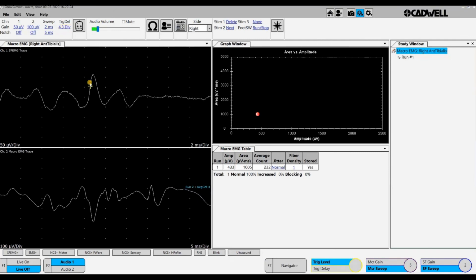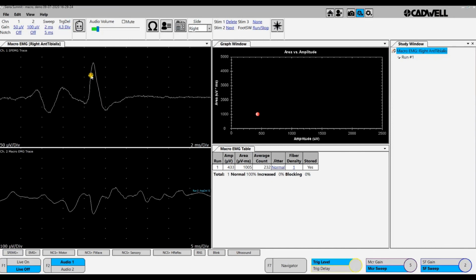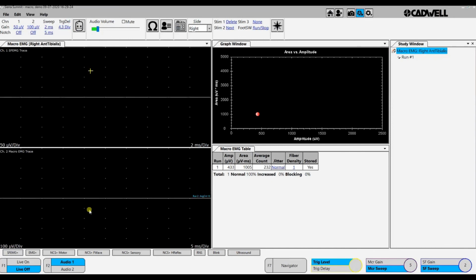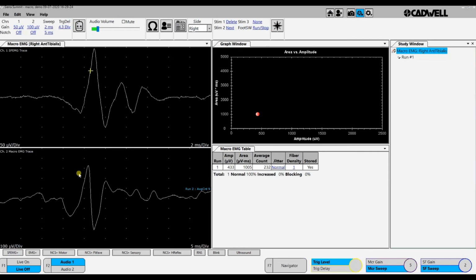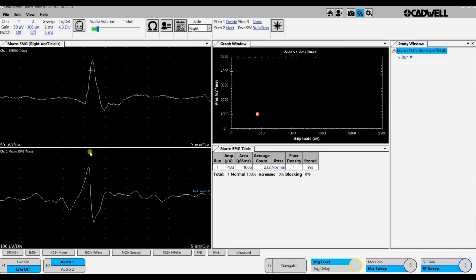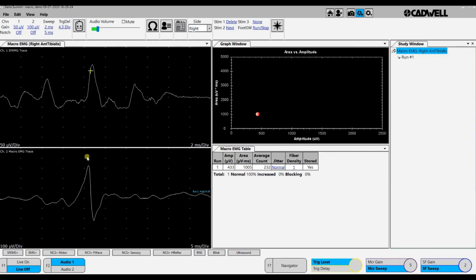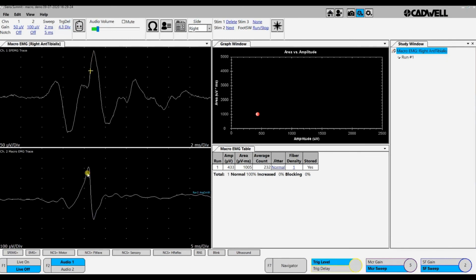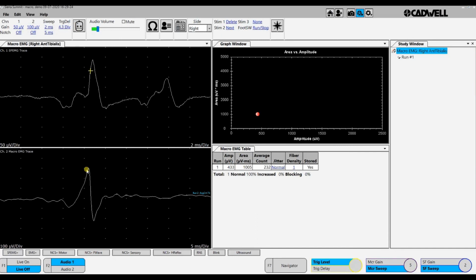I trigger on the highest, and then we see the contribution here, that the average of all the recorded cannula signals from this motor unit is seen down here with another sweep speed.